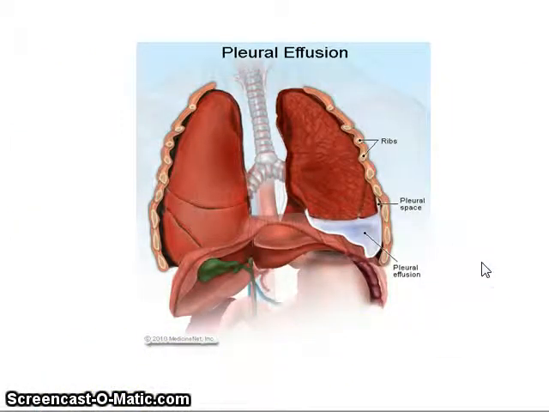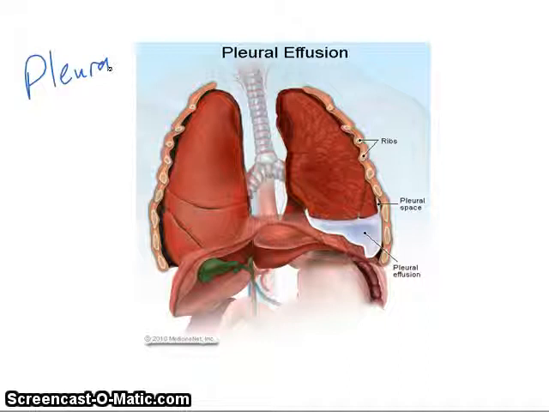And then you've got the lungs, and the lungs have layers as well. The lungs are also enclosed in a double membrane sac, and first of all, the sac that encloses the lungs is called the pleura. The outer layer of the pleura is the visceral layer.